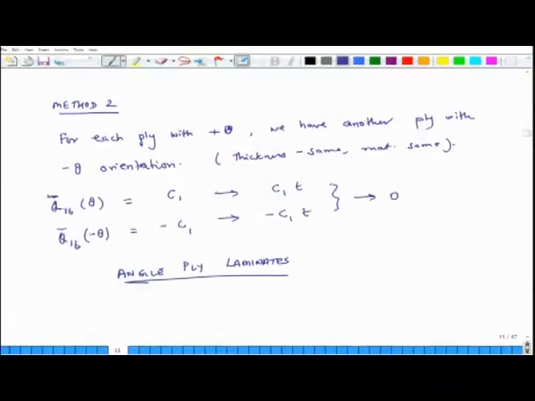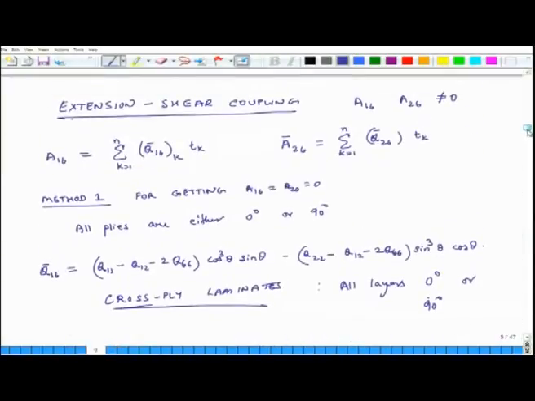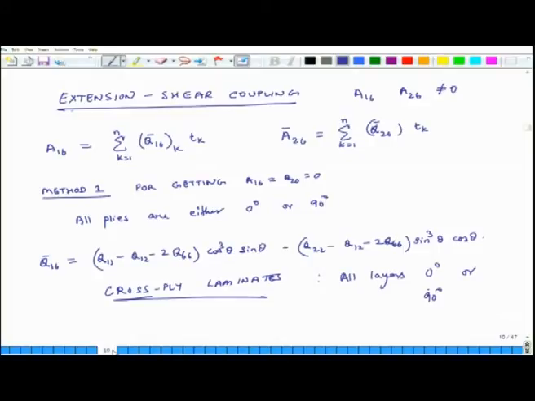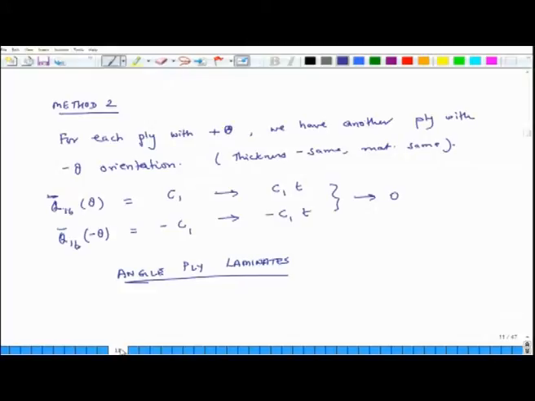So, this is about how we ensure that the coupling between extensional stresses and shear stresses is eliminated. One more thing I would like to say in this context is that if A16 is equal to 0 and also A26, then what does it mean?